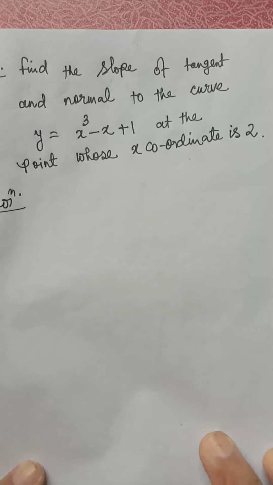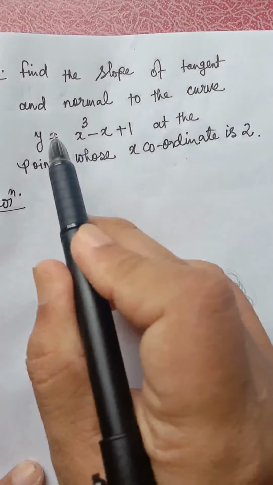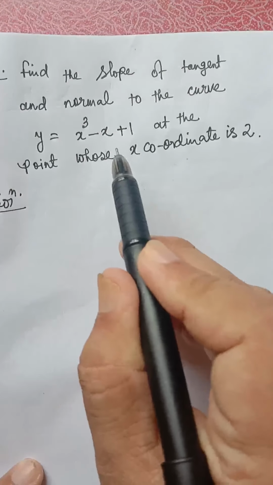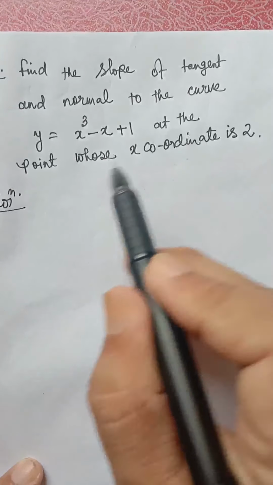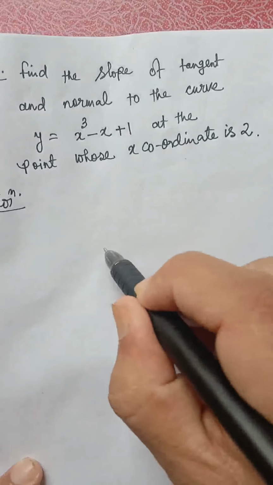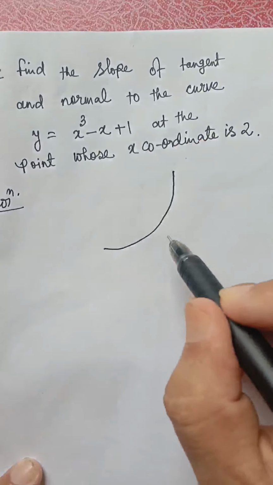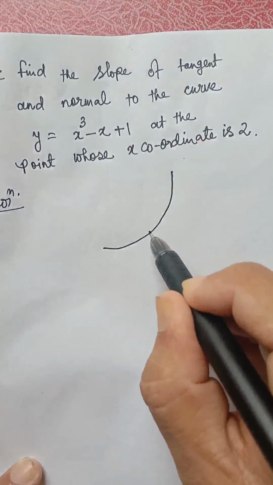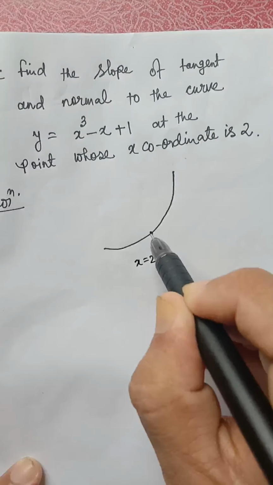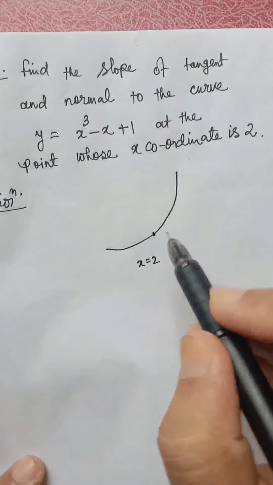Our next question: find the slope of the tangent and normal to the curve y = x^3 - x + 1 at the point whose x coordinate is 2. Suppose this is the given curve y = x^3 - x + 1, and this is the point whose x coordinate is 2.